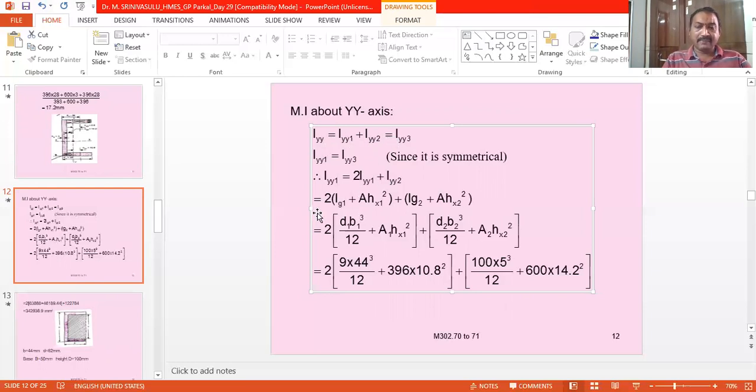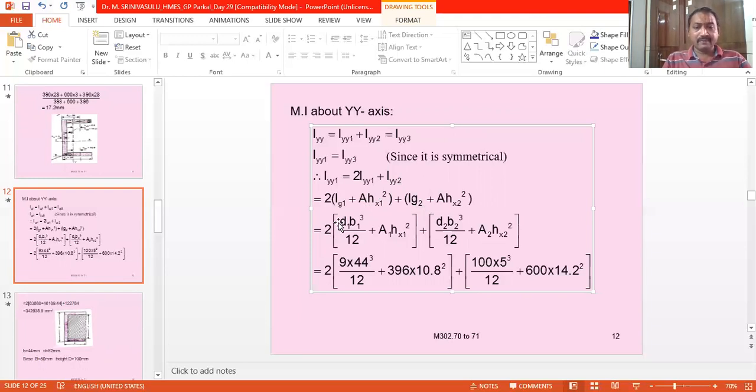Now we will write down the Iy of rectangle 1. That is nothing but Ig1 plus A into hx1 square, and here we got the factor of 2. And Iy2 is the moment of inertia of rectangle 2, which is Ig2 plus A into hx2 whole square.